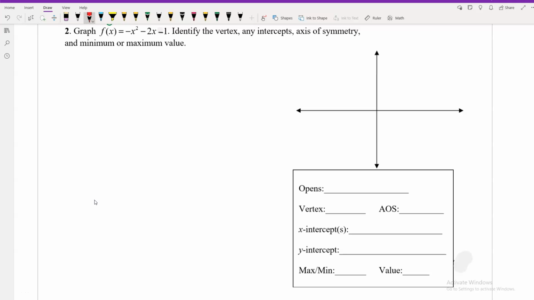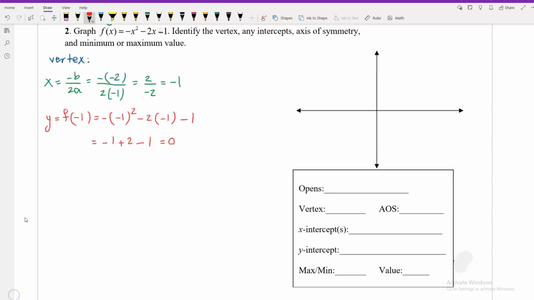Graph f of x equal to negative x squared minus 2x minus 1. Find the vertex, intercepts, axis of symmetry, and minimum or maximum value. So here for the vertex, x equal to negative b over 2a. That is equal to negative times b, which is negative 2, divided by 2 times a, which is negative 1. So what we have for x is negative 1.